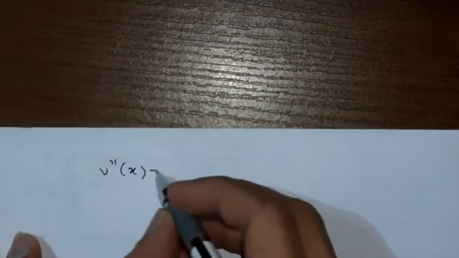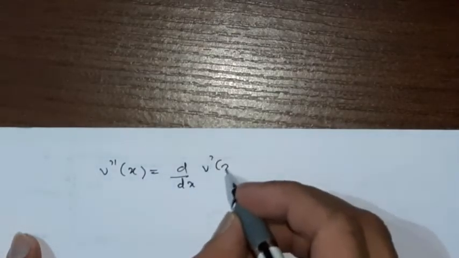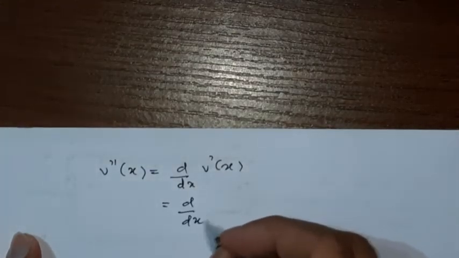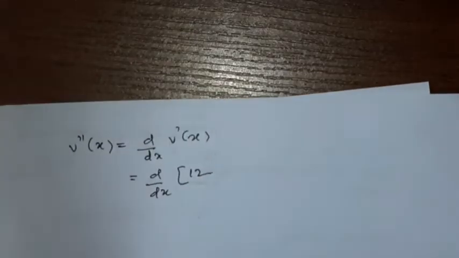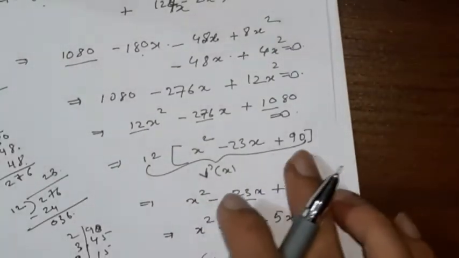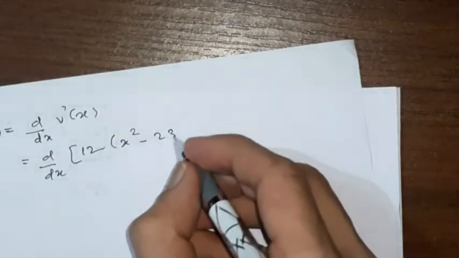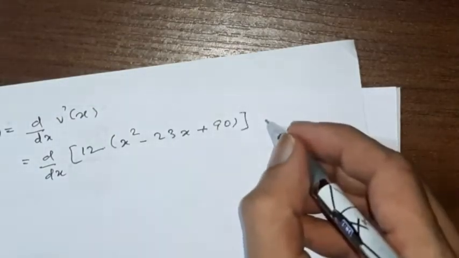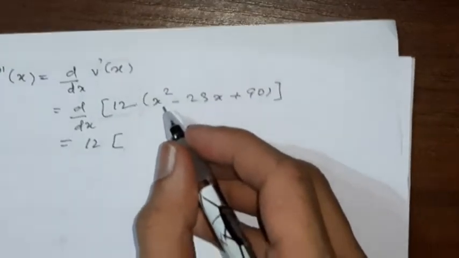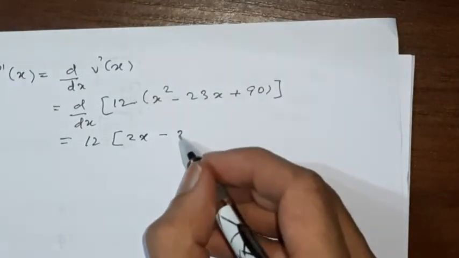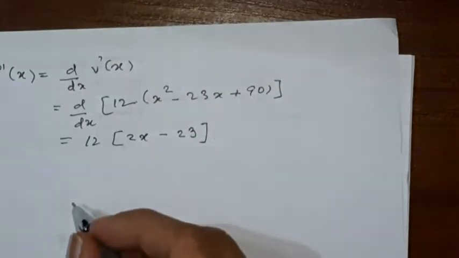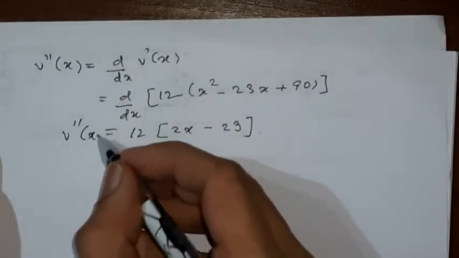So v double prime of x is the derivative of v prime of x, which is the derivative of 12 times x square minus 23x plus 90. 12 is a constant, so you can take it out, and the derivative of x square is 2x minus the derivative of 23x, which is 23, right.